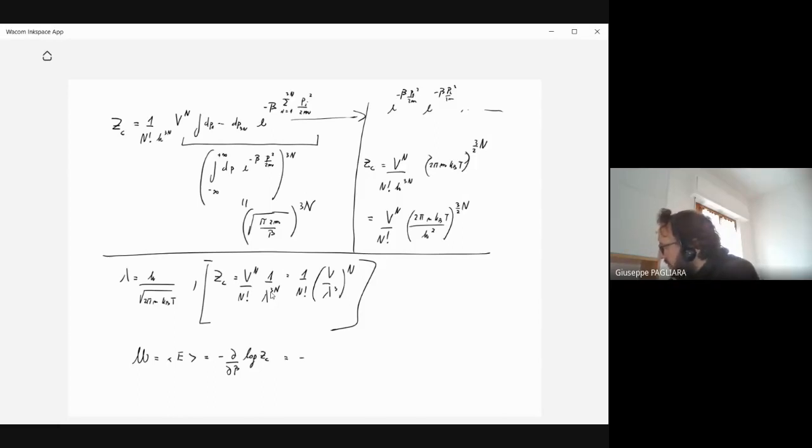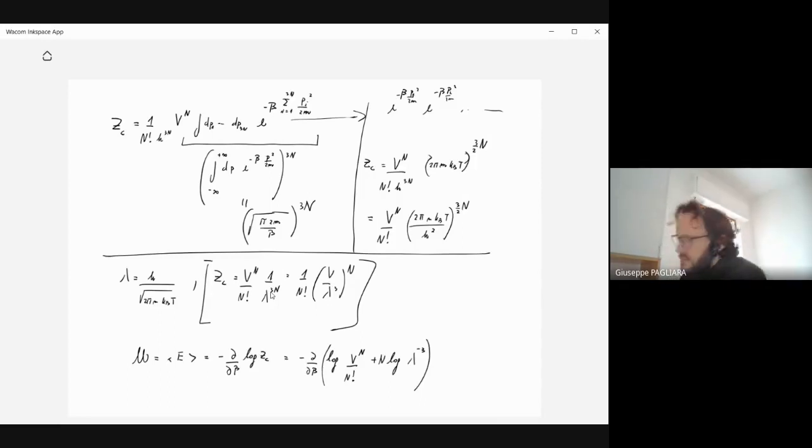So this is minus the derivative with respect to beta of the log of, here I have V to the power of N, then I have the N factorial, and let me write plus the log of lambda to the minus 3, and of course I have N here.